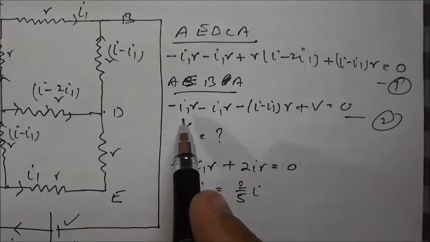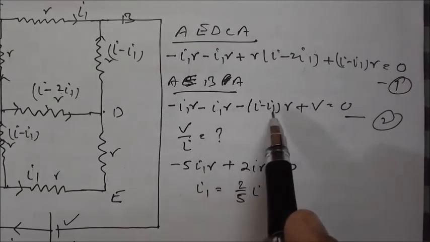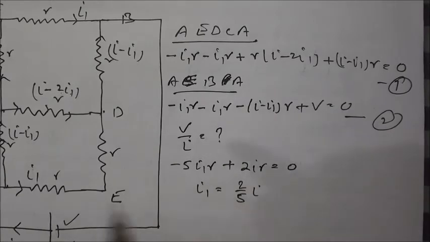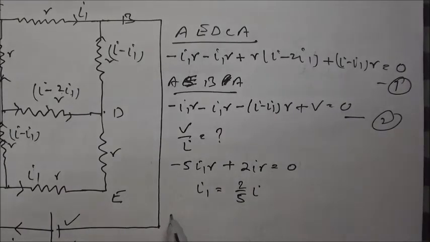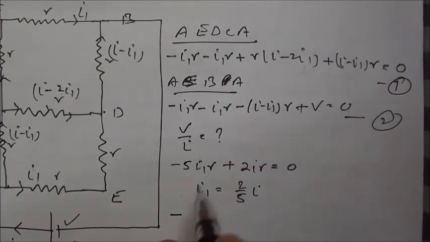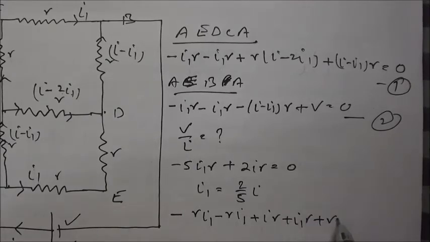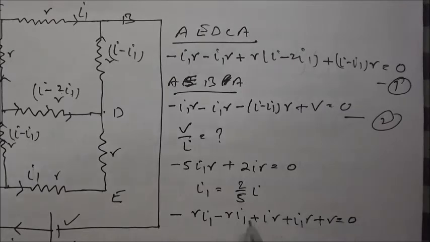So it is minus, and this is also minus, or I can write these values. This is plus. So minus R I1 minus R I1 plus IR plus I1R plus V is equal to 0. So I1R and I1R get cancelled.